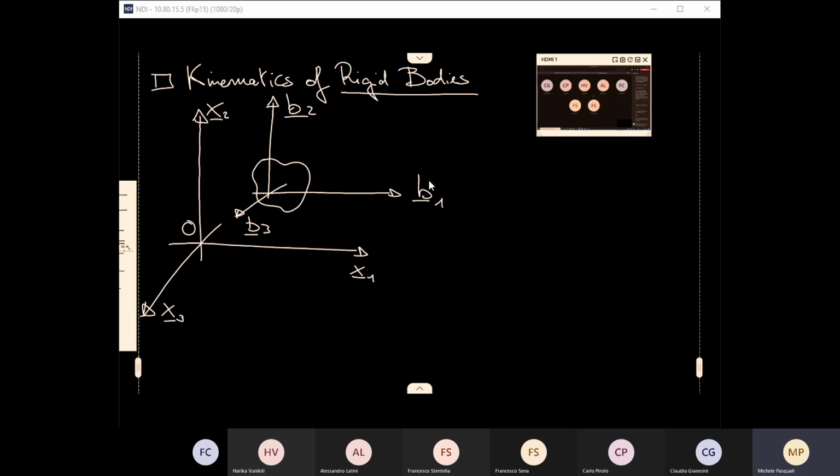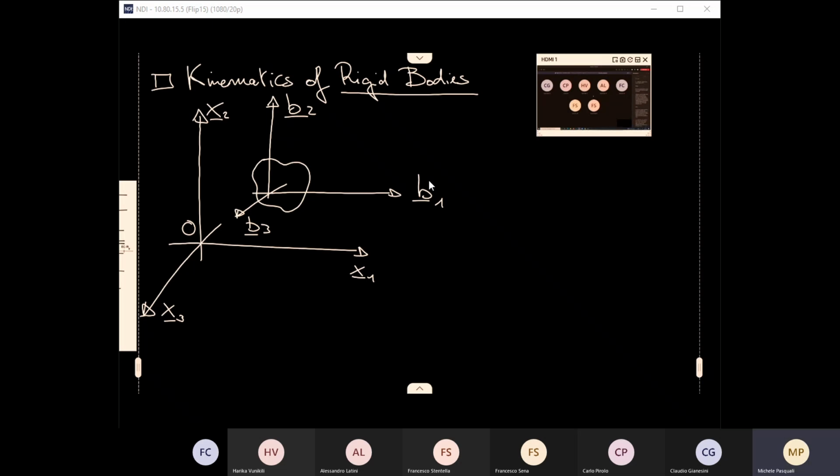Since there is no deformation for the body, describing the orientation and position of the local frame or of the rigid body is the same. We can say, without any confusion, orientation and position of the local frame or of the body, because they are attached. So coming back to the question, how many parameters do you think we need in 3D space to define the position and the orientation of the body or the local frame?